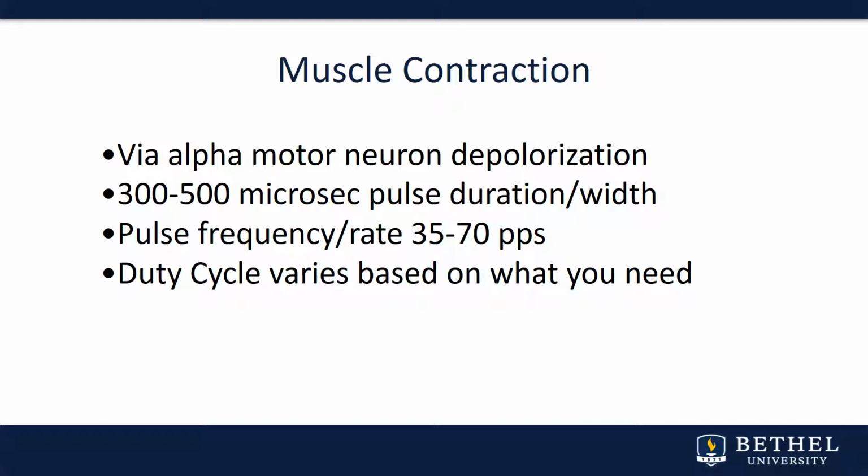In your book, it talks about Russian stimulation, and there's even buttons on most machines that are called Russian stimulation. It's just a higher level or a little more intense for strength training, and the duty cycle is typically set at 10 to 50, so 10 seconds on and 50 seconds off. And they're doing a maximal contraction.